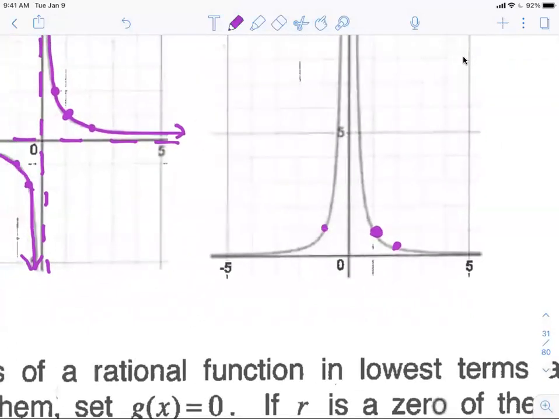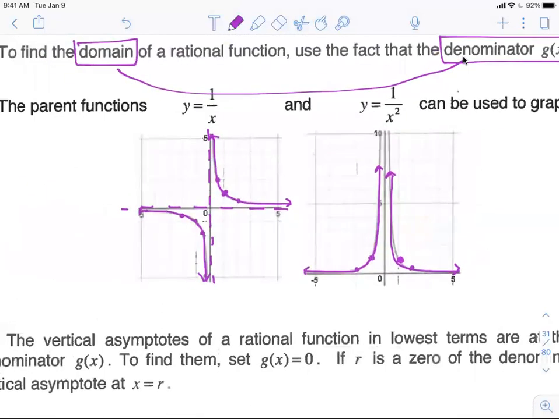And again, it's going to get closer and closer and closer to its asymptote, which we'll draw in a second. Now notice how they're on the positive side, because remember when you do x squared, even if you plug in a negative number, it makes it positive, okay? And your asymptotes are still on the x-axis and also on the y-axis. So again, the actual graph will not cross that.